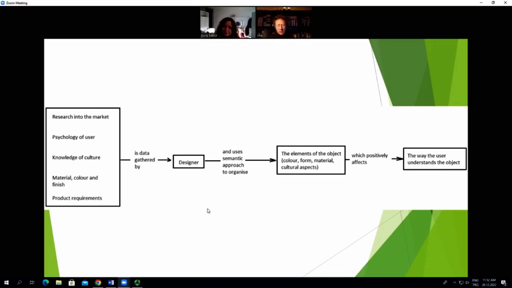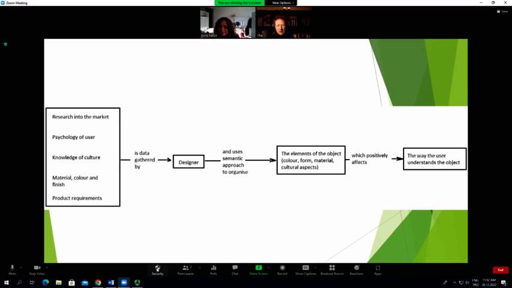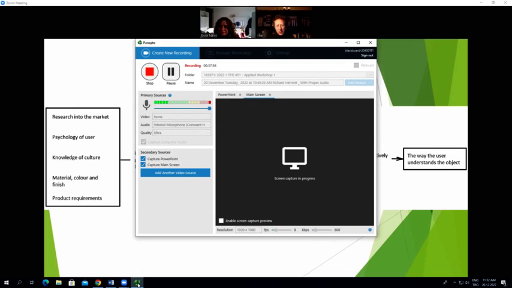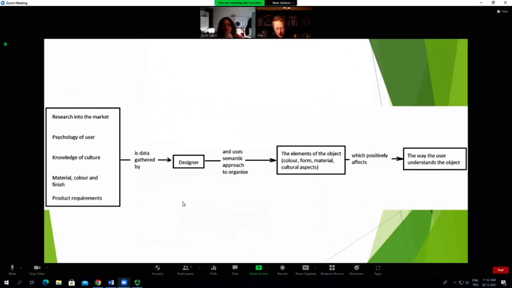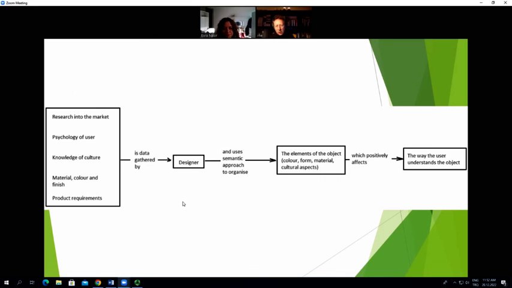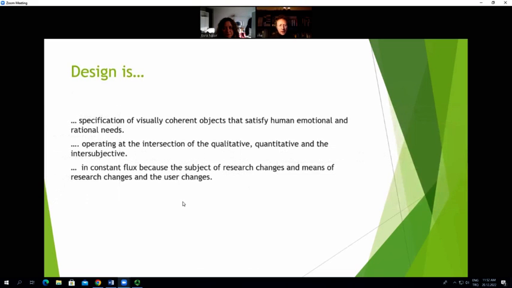And then you also remember to check with the user that the things that you're designing are making sense to them in the way in which you think they are. So the users must come into this process, specifically when you're dealing with semantics, in order to check that your coding is corresponding to their coding.